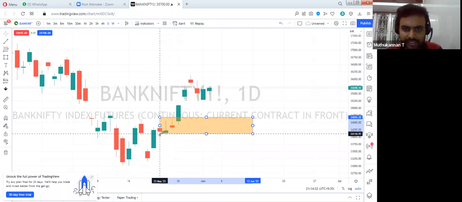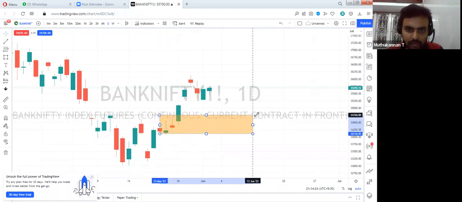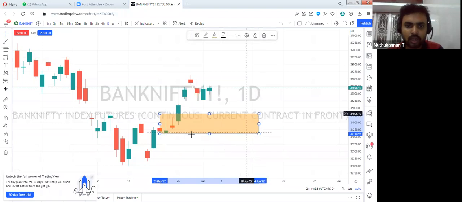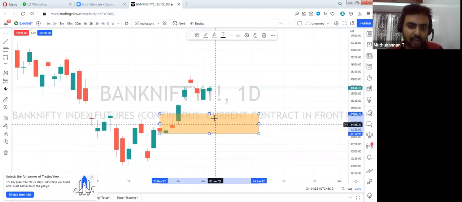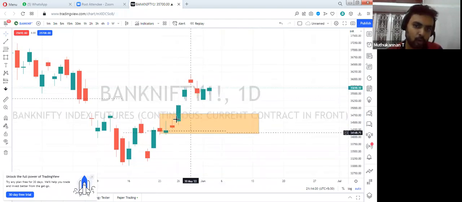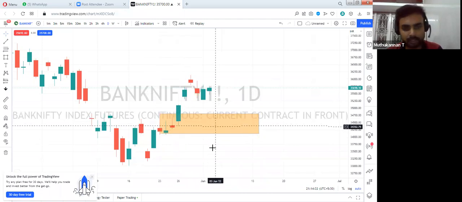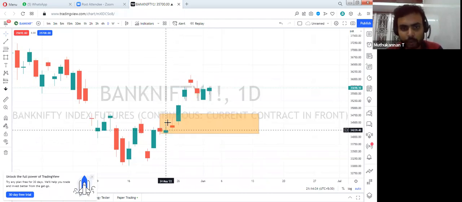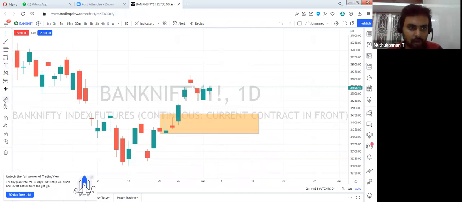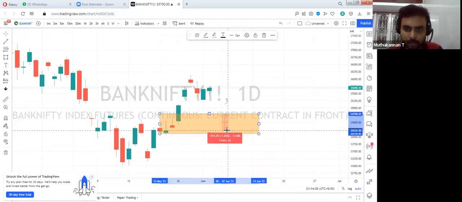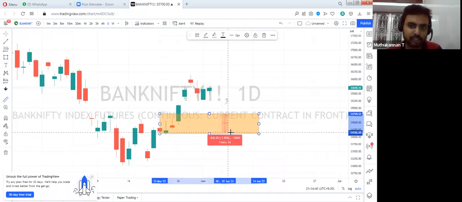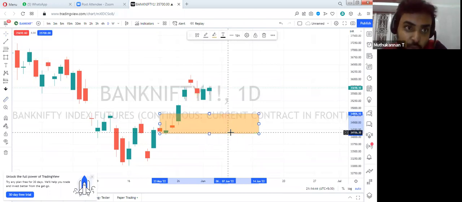But let's stick with the full thing. When price comes here, I'll be buying, right? But I don't do that blindly. Before that, I want to reduce this order block, because how many points is it? This entire order block is 600 points. I cannot put a 600 points stop loss, which is huge.